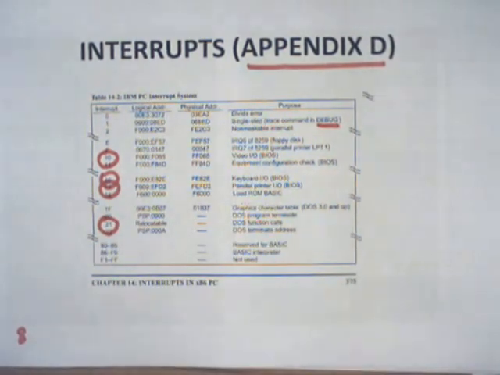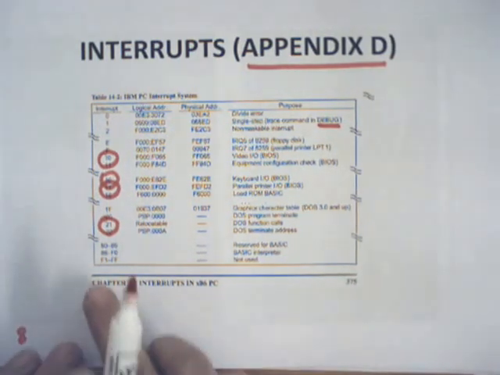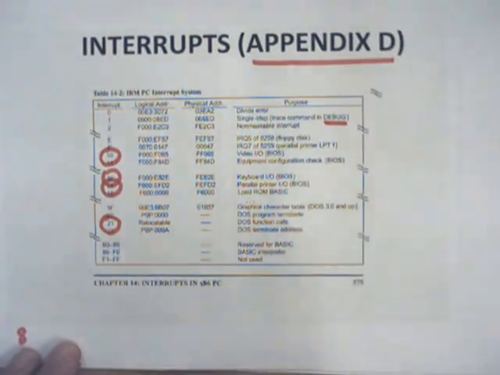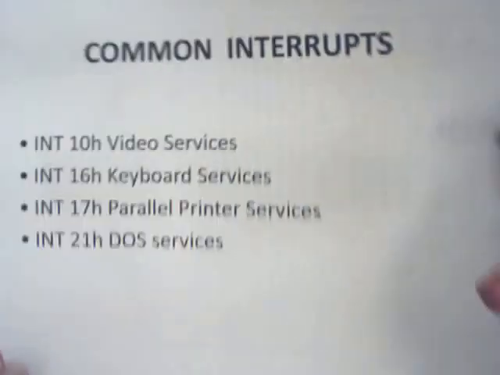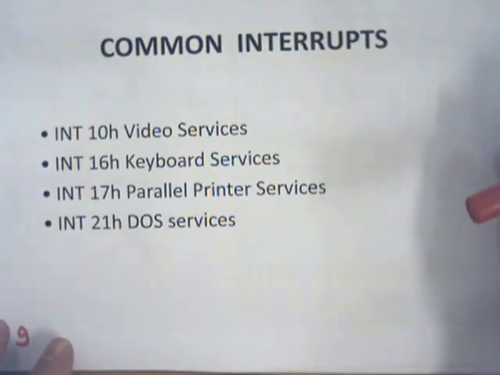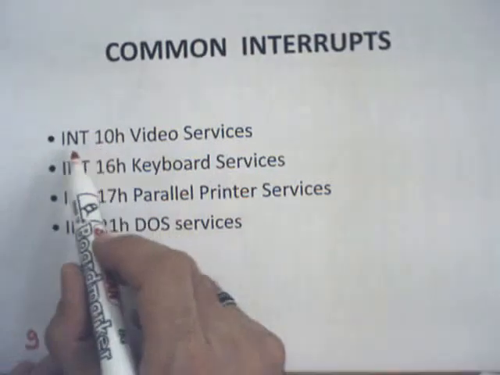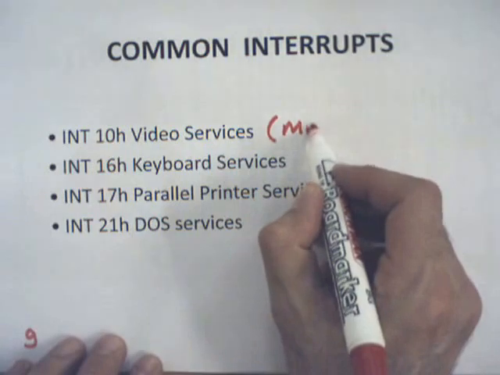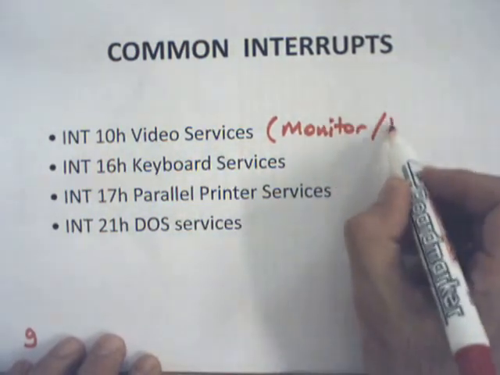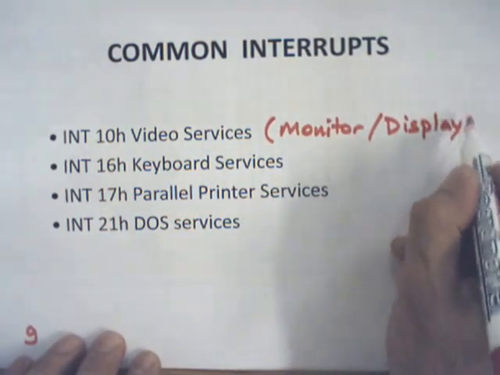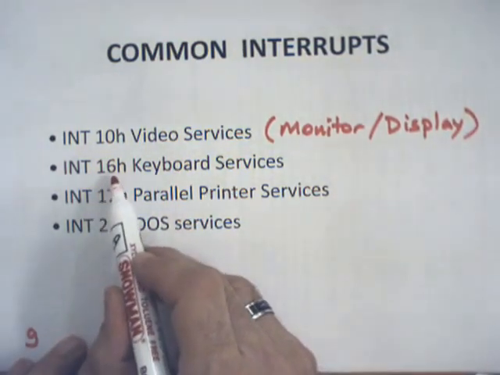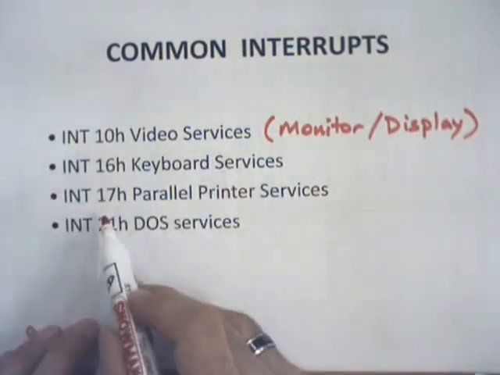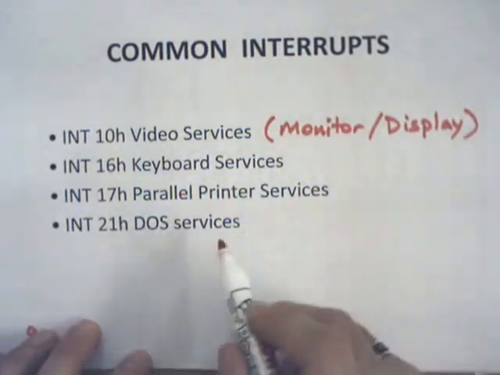Not all the interrupts are this video's concern. Some of the interrupts are not used, so the list is open for future developments. So as a result, our common interrupts in this slide are interrupt 10H for video services, which is for monitor or display, interrupt 16 hex for keyboard, 17 parallel printer services.